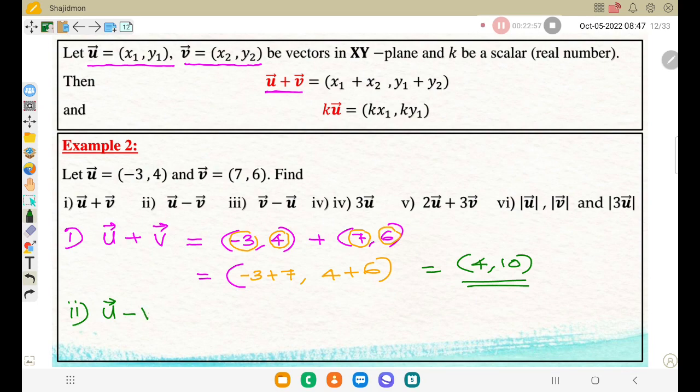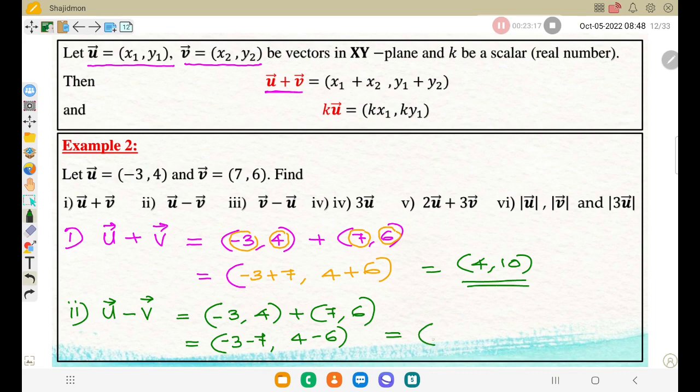Same way, we are subtracting: minus 3 minus 7, comma 4 minus 6. X numbers subtract, y numbers subtract. So minus 3 minus 7 means minus 10, and 4 minus 6 means minus 2. This is the u minus v vector.